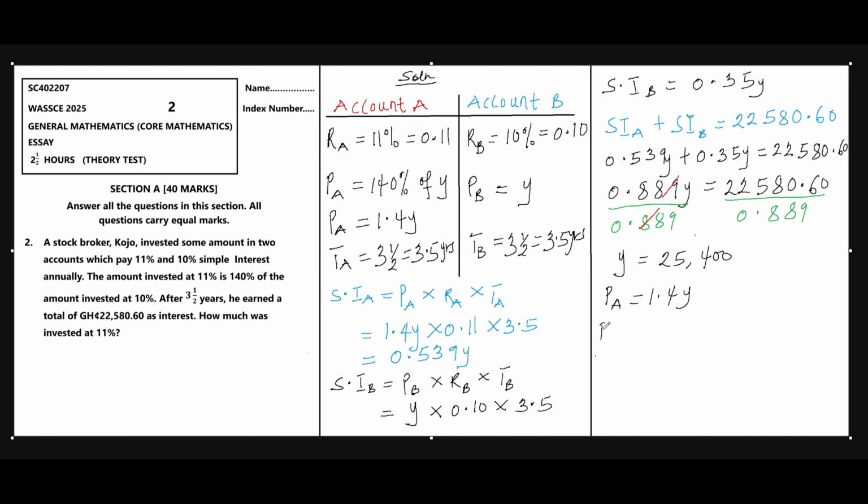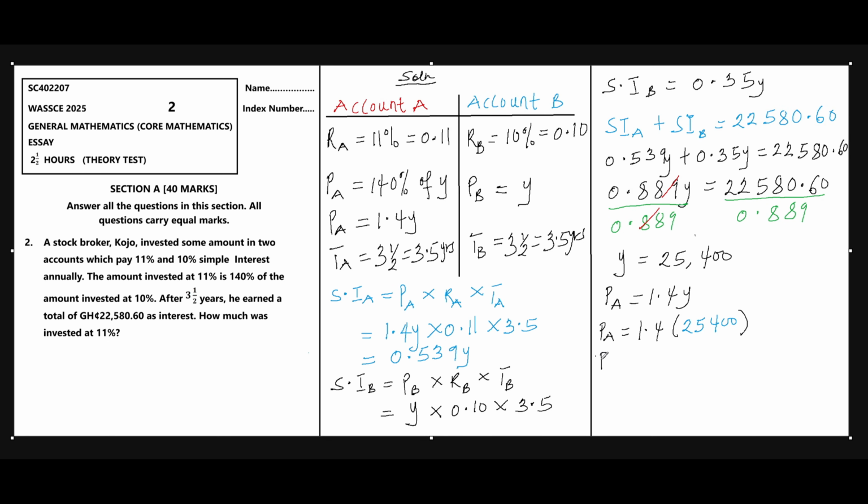So we have the principal for account A being equal to 1.4 times y. So we substitute 25,400 in place of y.